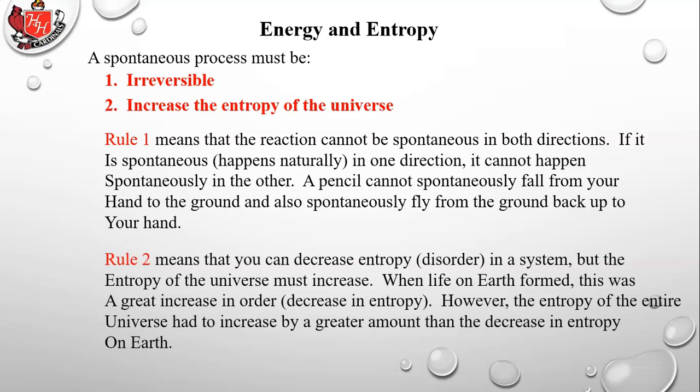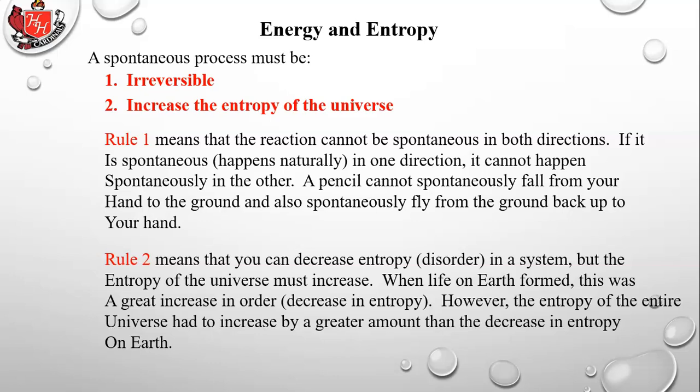Rule 2 means that you can decrease entropy, disorder, in a system, but the entropy of the universe must increase. So think about this example. Let's think about the literal universe, and let's think about the system as being the Earth. So when life on Earth formed, this was a great increase in order, which means a decrease in entropy. In other words, going from nothing on Earth to living organisms is a great increase in order. So that's a decrease in entropy on Earth.